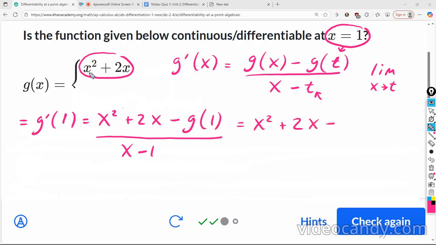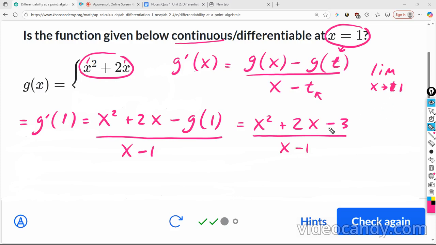Well, 1 gets plugged in here, but we already did that before. This was 1 plus 2 times 1, or 1 plus 2, which is 3. So it's minus 3, because we did this before when we found out if it was continuous. And that's divided by x minus 1. Remember, we're finding the limit now as x approaches t, which in this case is 1.